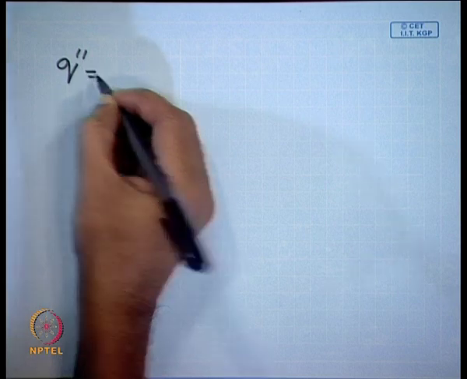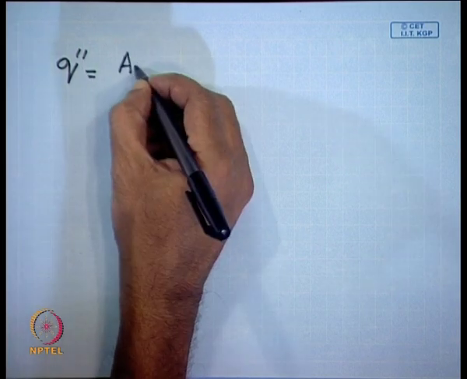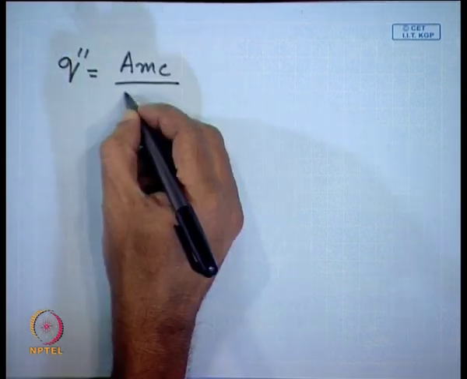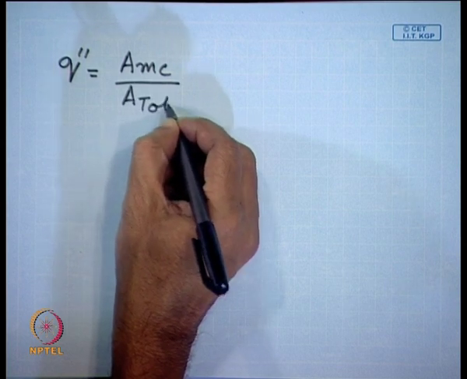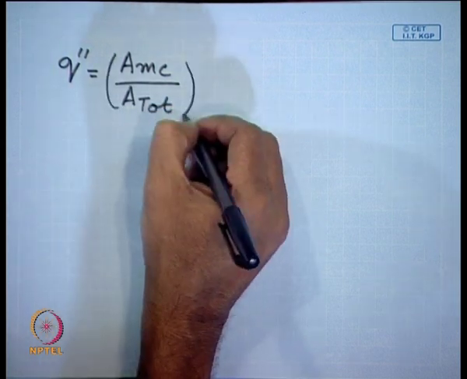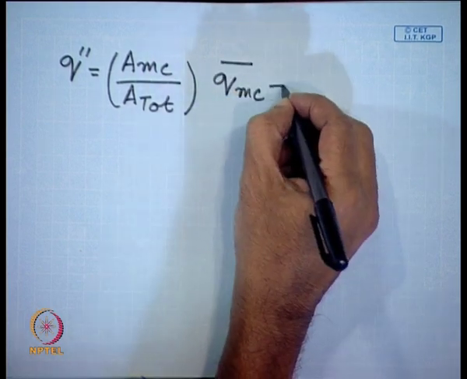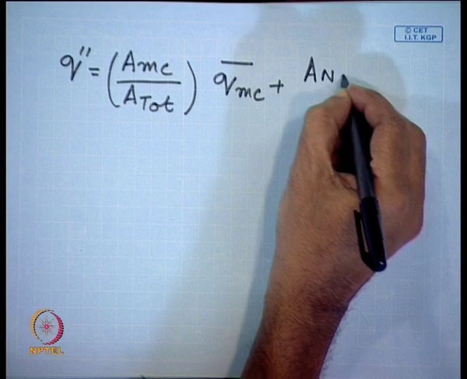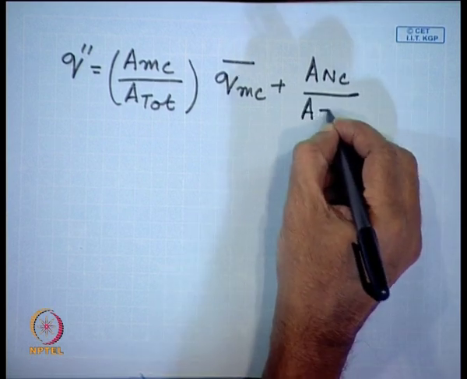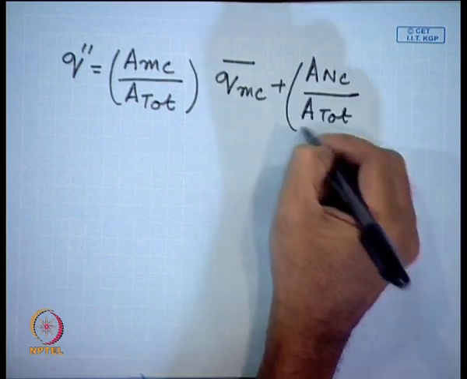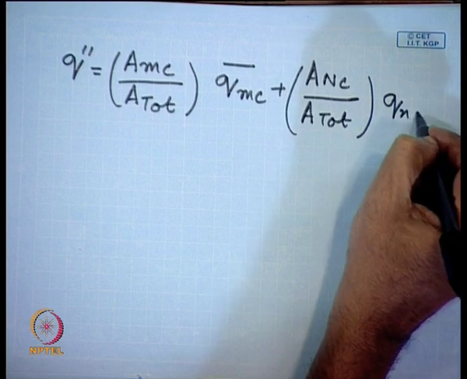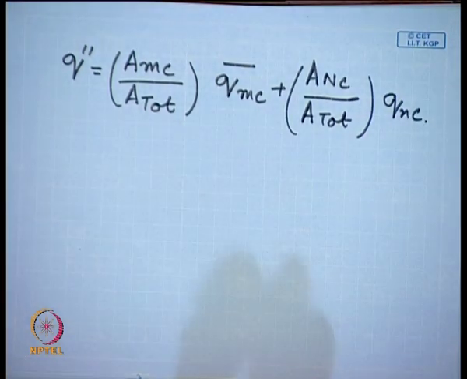Heat flux is equal to A_MC by A_total times Q_MC, plus A_NC by A_total times Q_NC. Let me explain what it is.